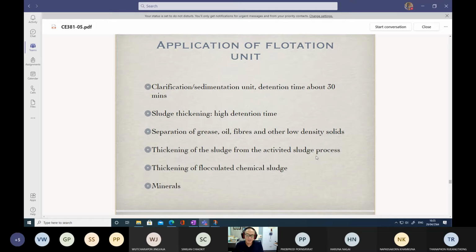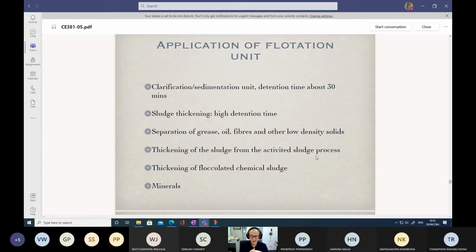So putting all the organic sludge together, if we use the gravity thickener, no air is provided, so it is possible the organic sludge accumulated in the gravity thickener may generate some kind of unpleasant smell.